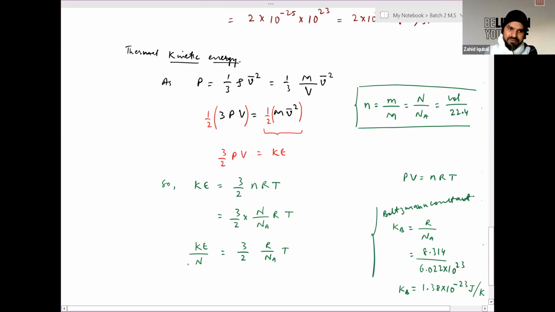On the left-hand side, we have kinetic energy divided by number of particles, so we may write this as average kinetic energy, kinetic energy bar, which equals 3 by 2 R by Na, that is Boltzmann constant, times T. So this is your final expression of kinetic energy in terms of temperature, since Kb, the Boltzmann constant, is constant.